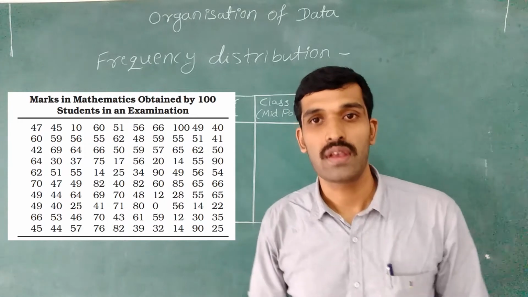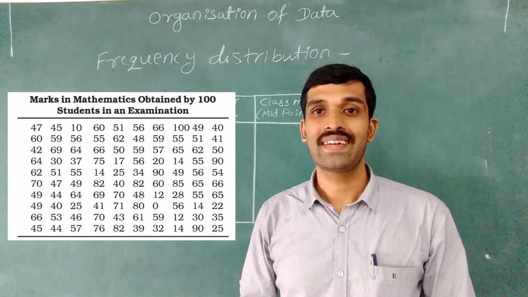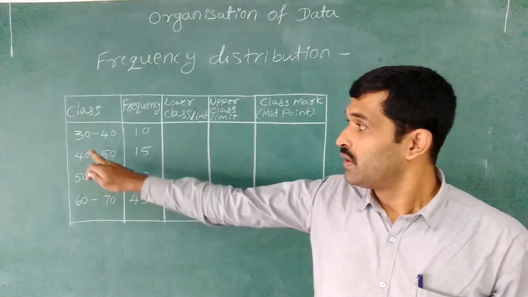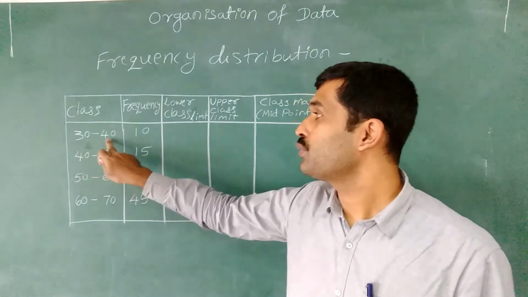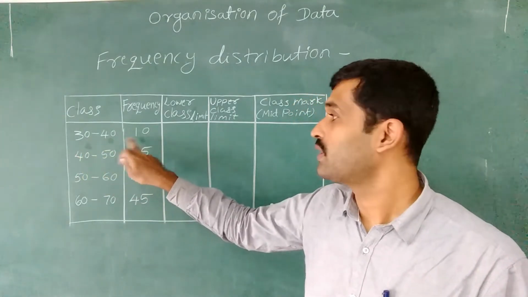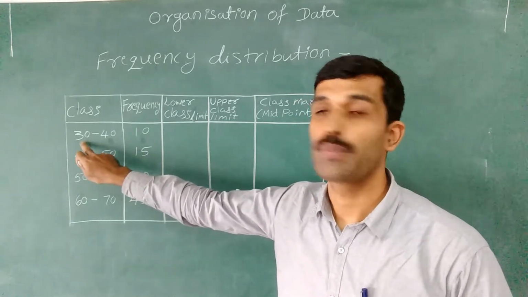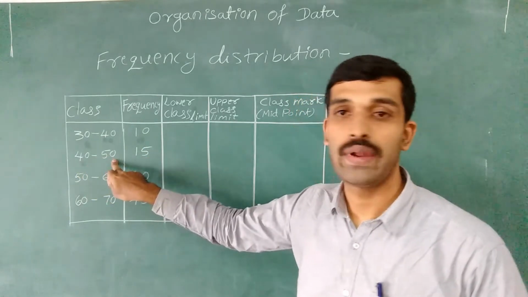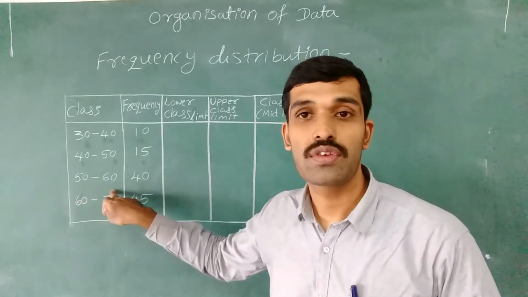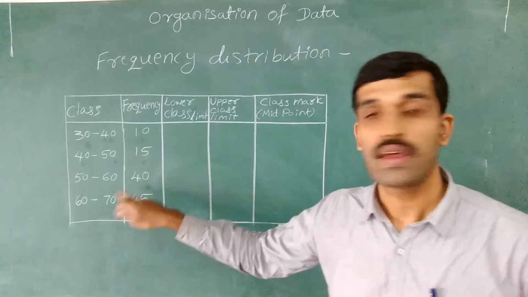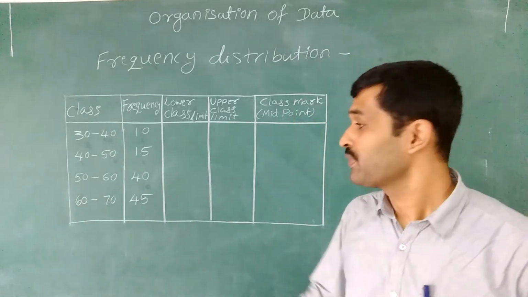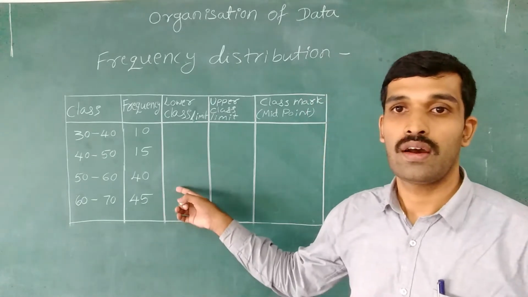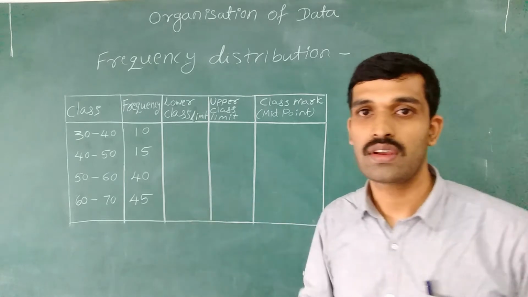So, if we classify that raw data into classes, then here, marks from 30 to 40 obtained by 10 students, marks 40 to 50 obtained by 15 students, 50 to 60 marks obtained by 40 students, and 60 to 70 marks obtained by 45 students. Likewise, if we classify that raw data, we can show it in a systematic table.